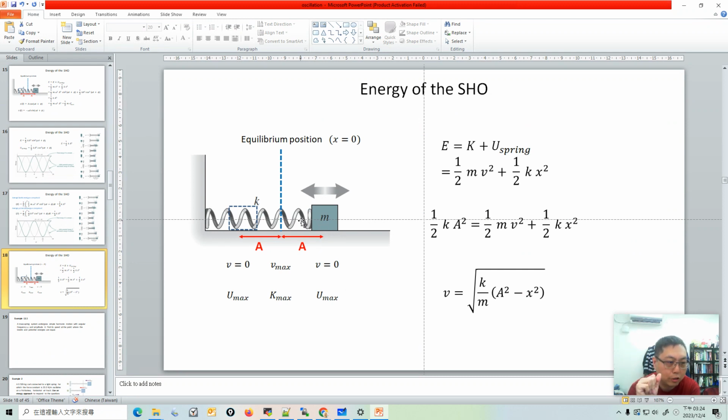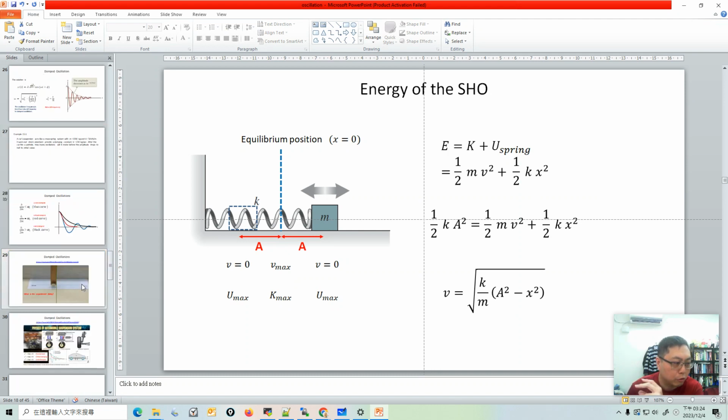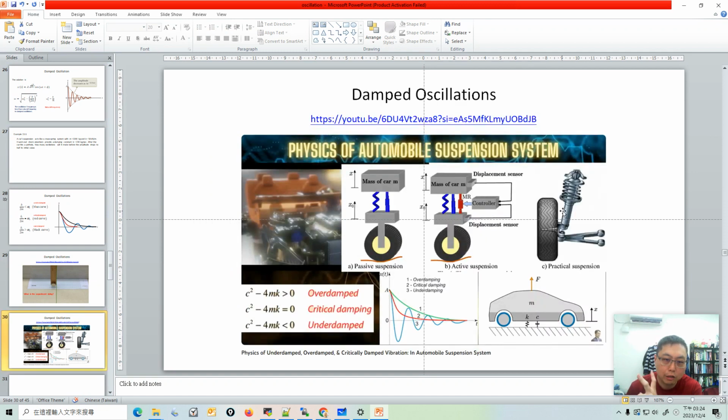It absorbs the energy, then goes back and releases the energy, then absorbs energy again and releases it. So the spring can absorb the energy, but at the same time it is also releasing the energy.